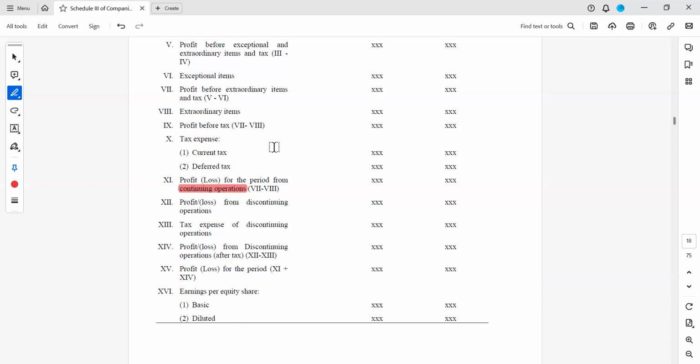Then if NCLT agrees to it, the actual date of implementation will be such that all my financials have to be drawn from 1st April 2023 separately. But the order is not going to come today. If I'm making the application today, the NCLT order may come after 1 year. Till then, how will I prepare the financials?